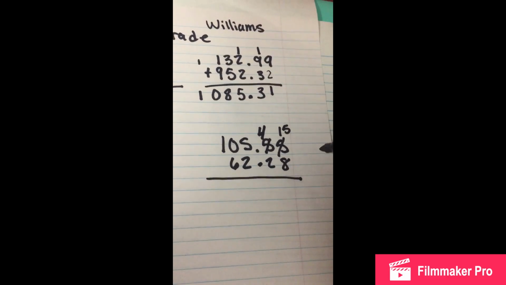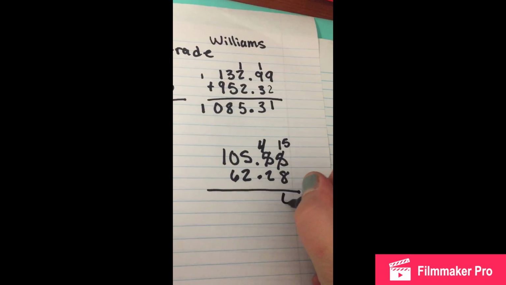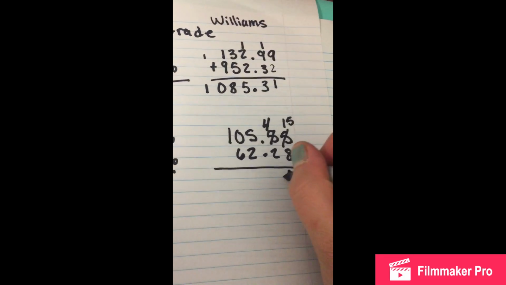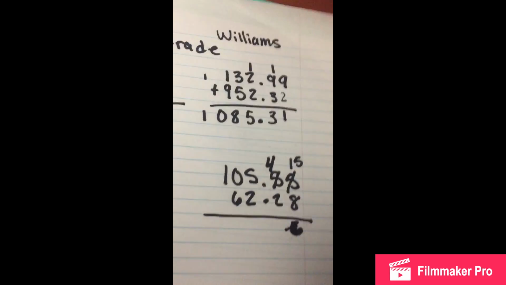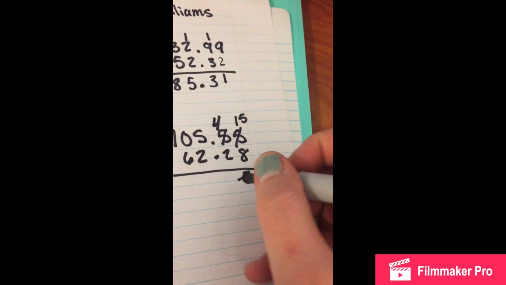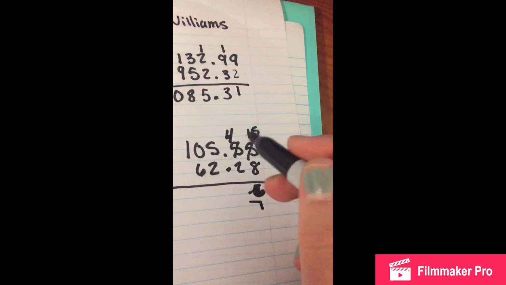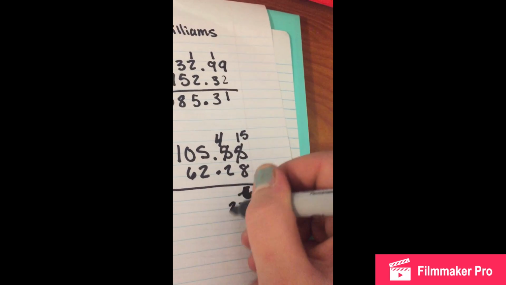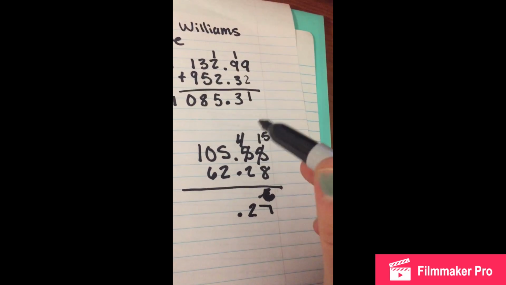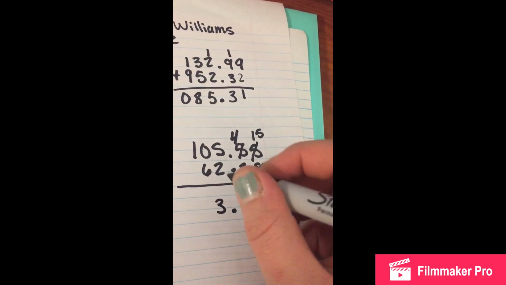Now 15 subtract 8 is 7. 4 subtract 2 is 2. Bring down the decimal spot. 5 subtract 2 is 3.